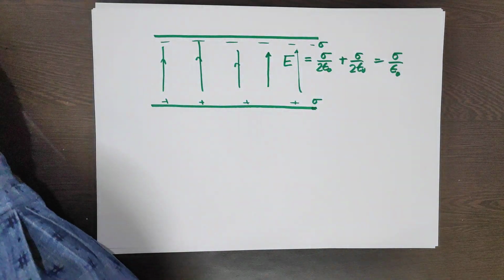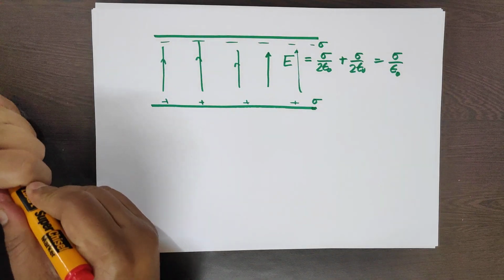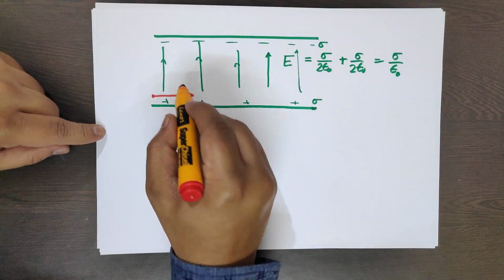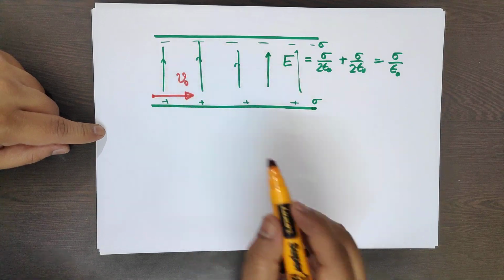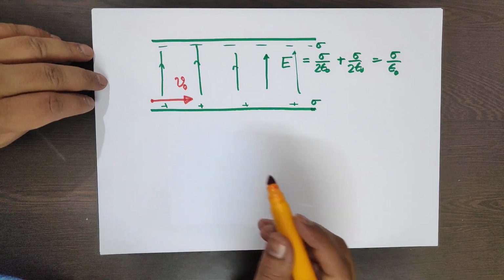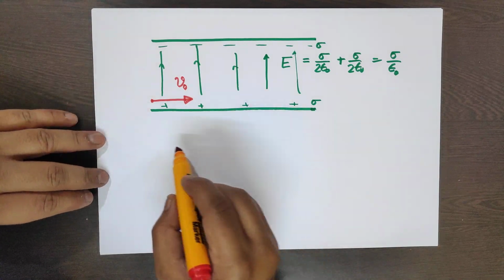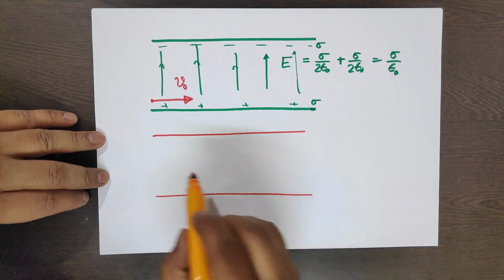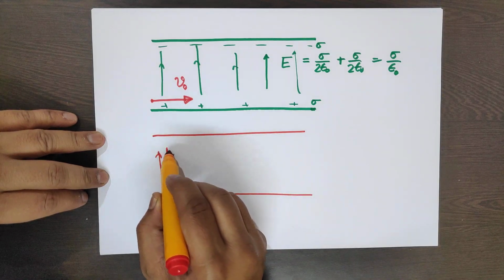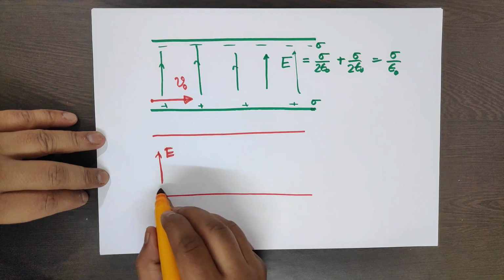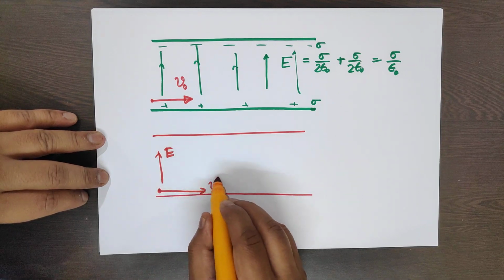Say if you draw the electric field, it is uniform throughout. So if you release a charge here having a speed v naught, then the path will be a parabola, because you have uniform electric field here. So the force, you have velocity v naught.